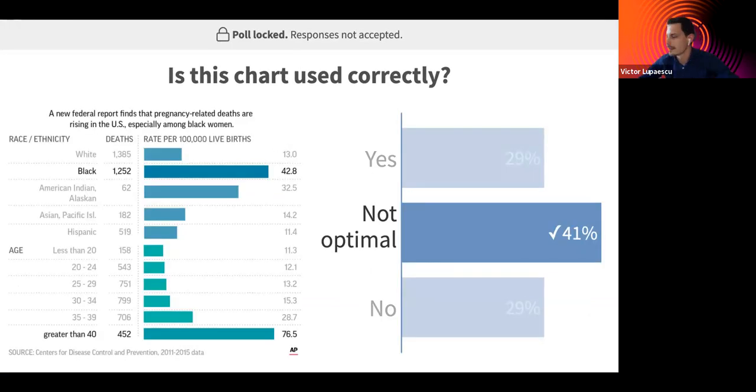The correct answer is not optimal. Good job. So the reason here, I mean, it definitely makes sense to use a bar chart for comparisons, but it's not optimal. Multiple issues here. The 42.8 is at the same length as 76.8. The usage of color doesn't make sense, and so on.